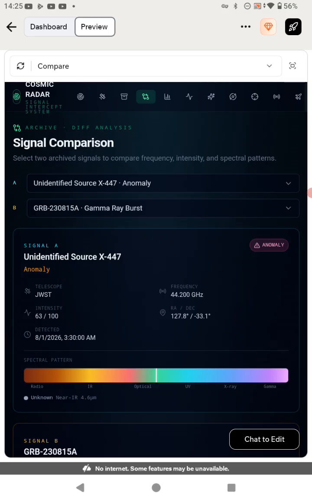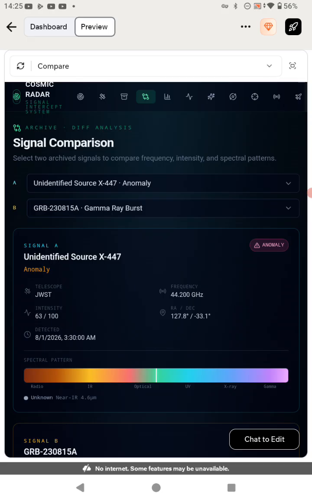Unidentified source X-447, James Webb Telescope on 44.200 gigahertz. 63 over 100, I guess, is like where the location is.